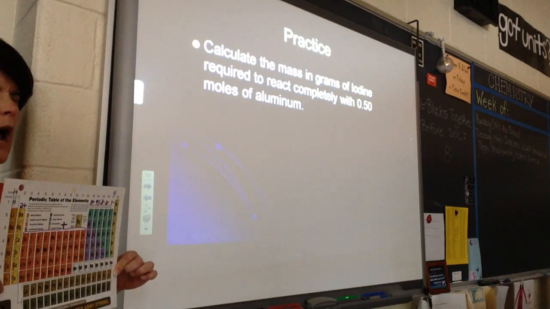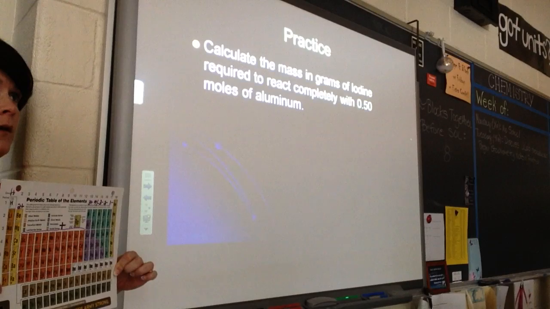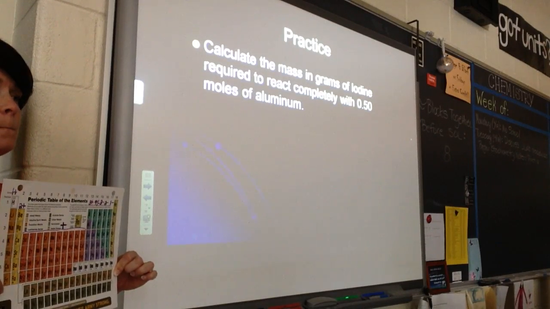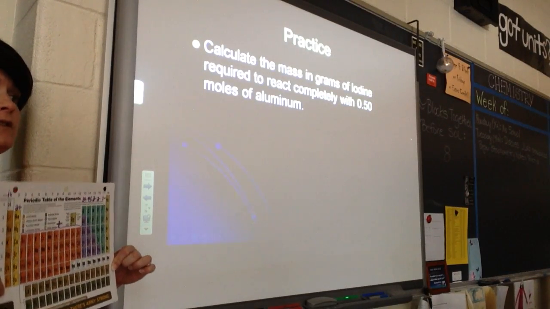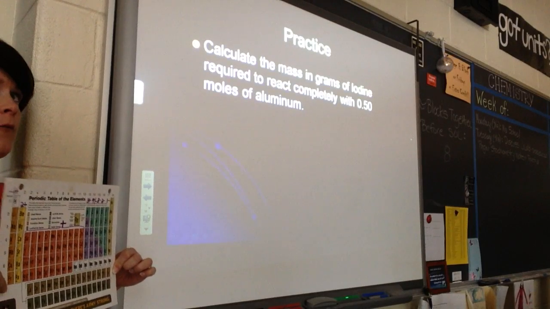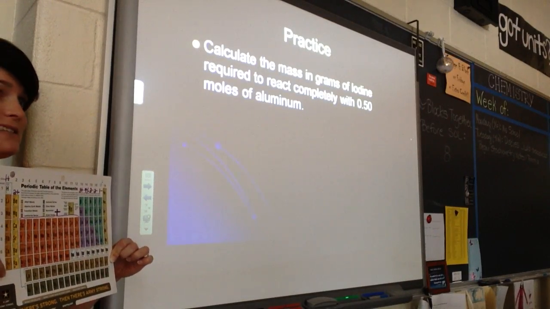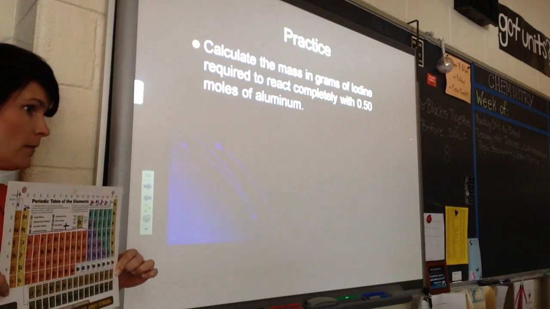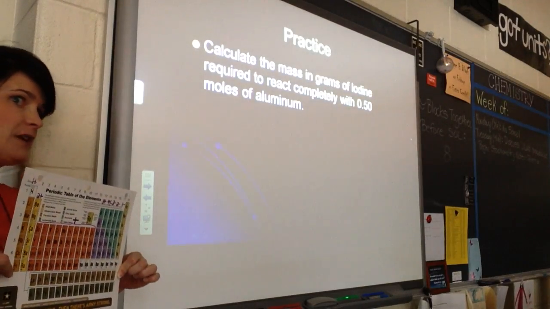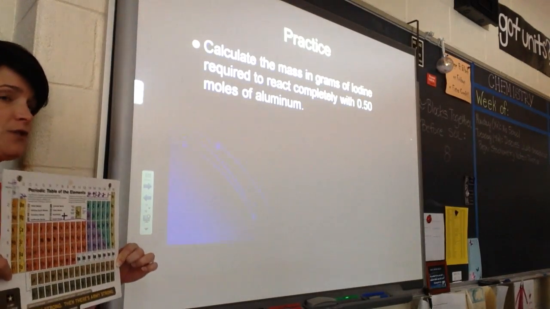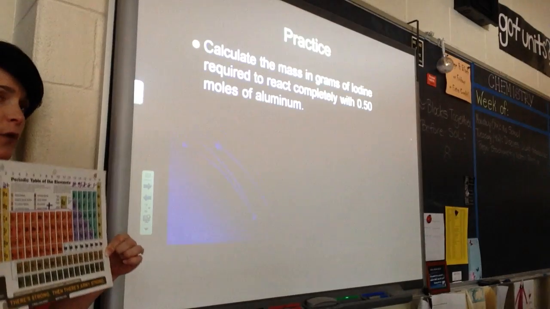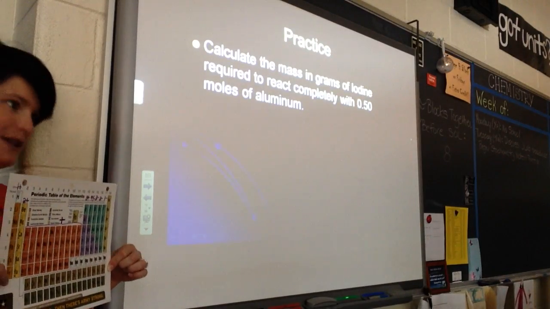Ionic. Why? One's positive and one's negative. If we can't remember that, we remember that something left of the stair step going together with something right of the stair step is ionic. Left plus right is positive plus negative.